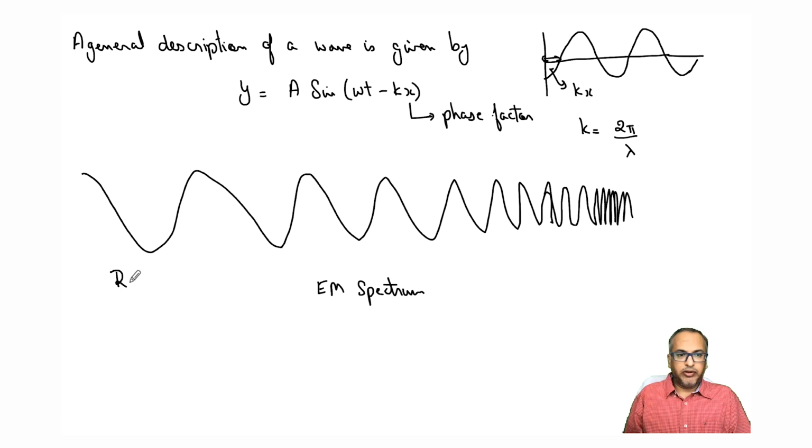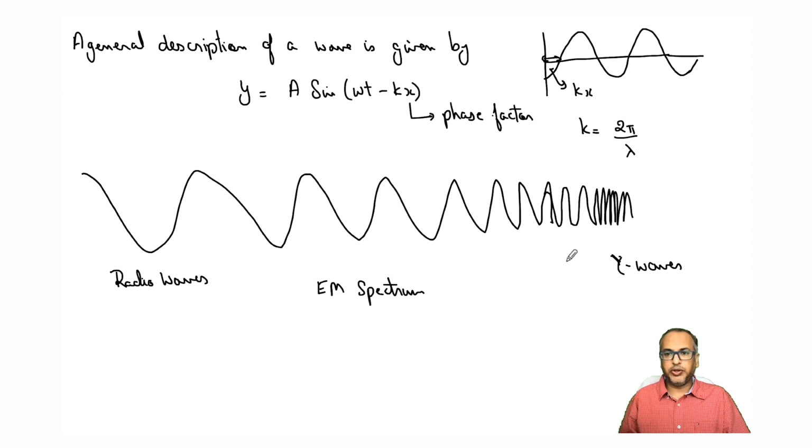You have radio waves here, and at the far end you have gamma rays, gamma radiations. You have X-rays, and in between you have visible light, and so on. So you have UV, infrared, microwave, all sorts of things in between.